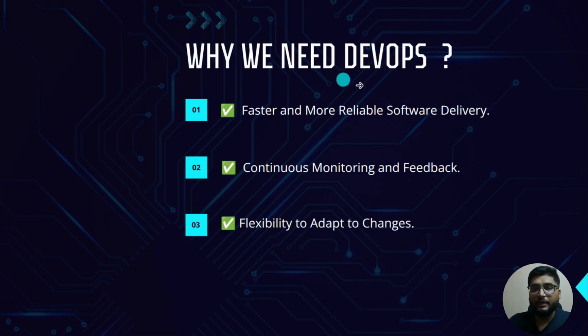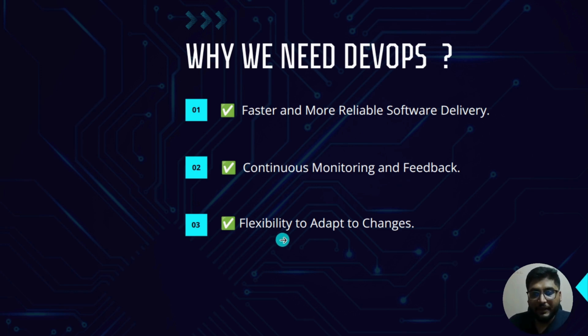So basically, why do we need DevOps? First point, faster and more reliable software delivery. This DevOps methodology provides faster and more reliable delivery with quality. Next one, continuous monitoring and feedback. DevOps provides continuous monitoring: how our project is running, how much CPU utilization there is, how much traffic is coming from outside, and giving feedback to the client.